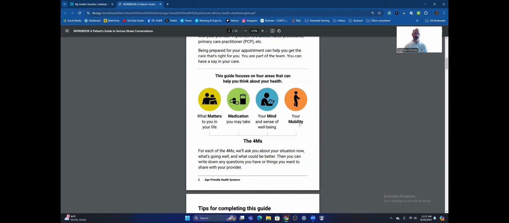This was designed in the first place for providers, when they are doing an assessment or having an appointment with a patient, to make sure that they go through these four categories, because it's going to impact adherence to medication. It's going to impact decisions, even surgery, even decisions of, do we do this procedure?